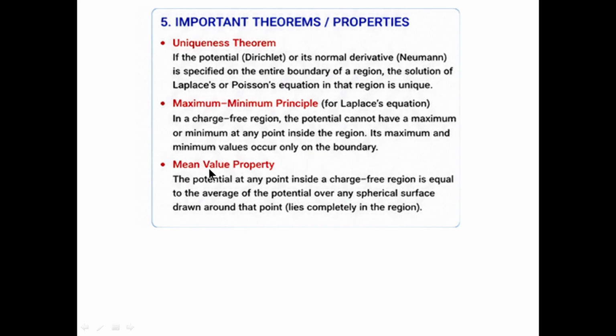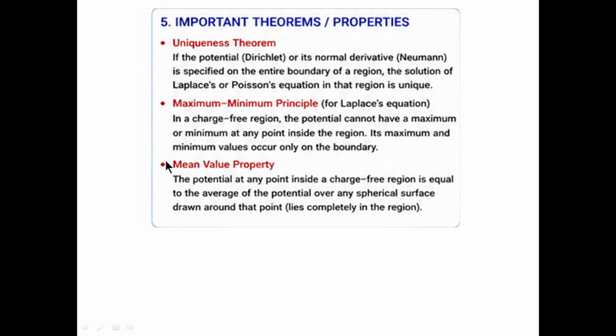Another is the mean value property. In the mean value property, the potential at any point inside the charge free region is equal to the average of the potential over any spherical surface drawn around that point. Consider this is a point, and at this point we have some potential.